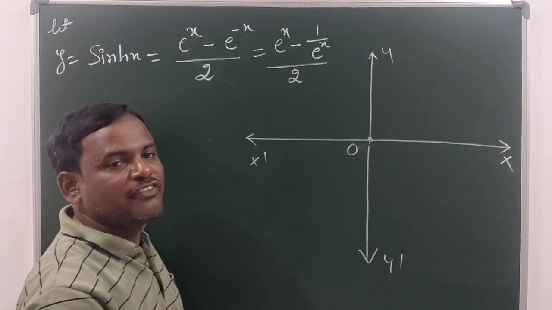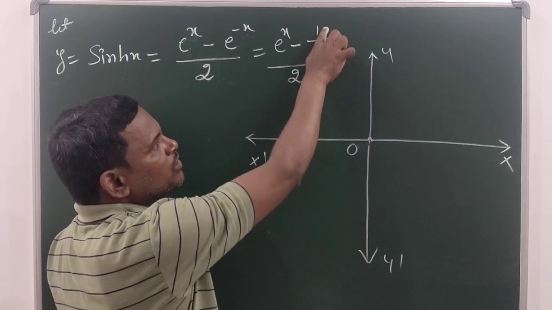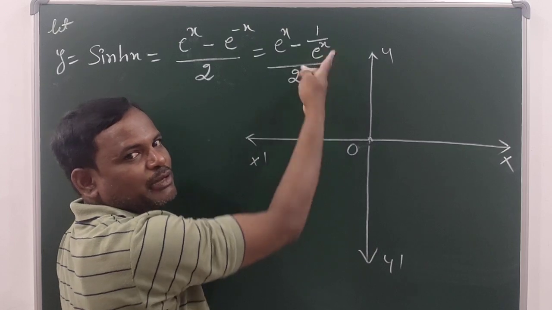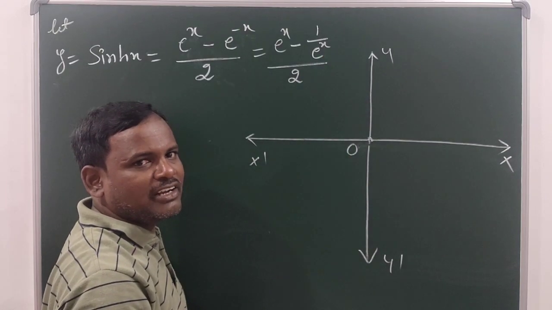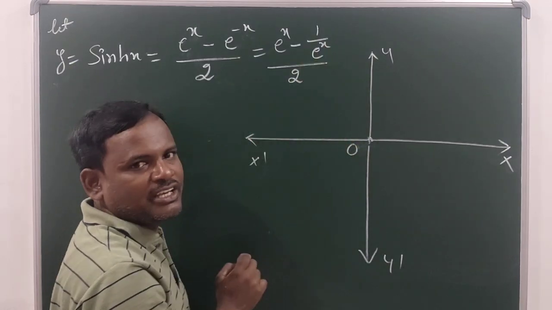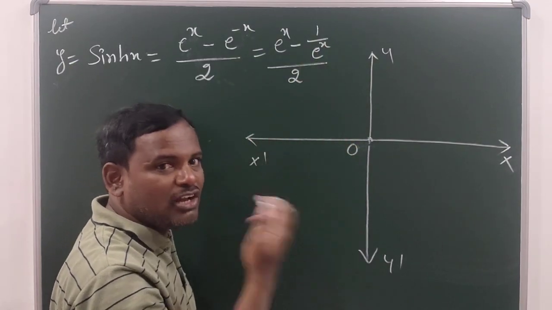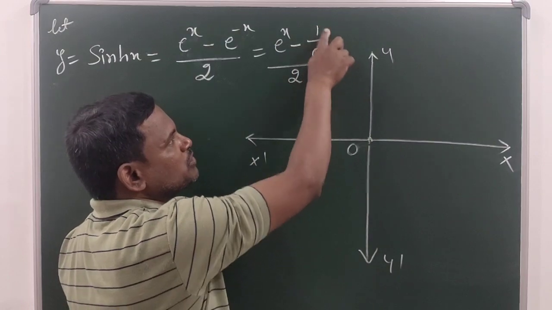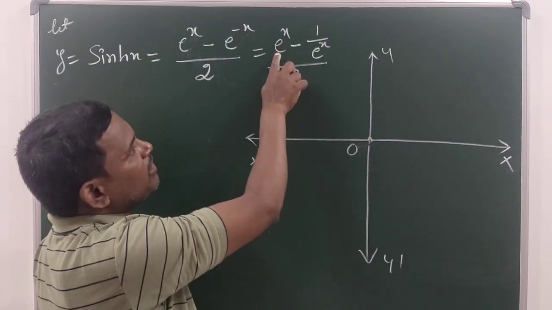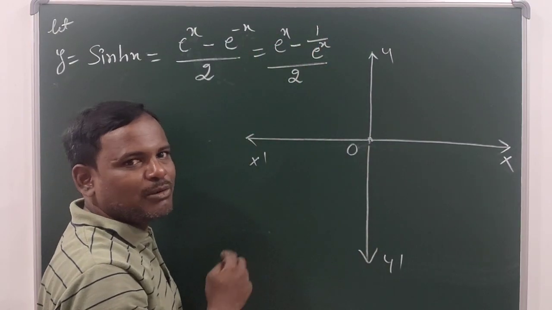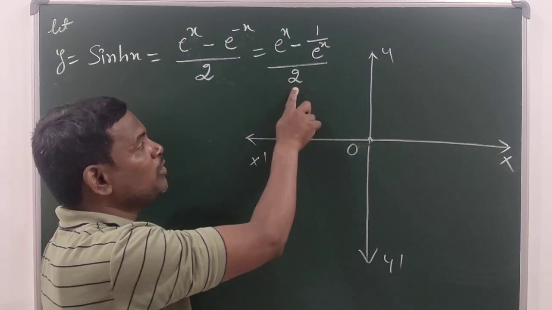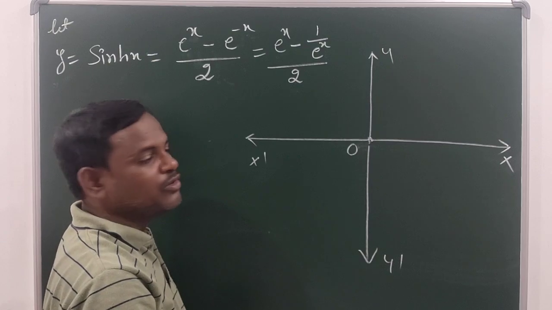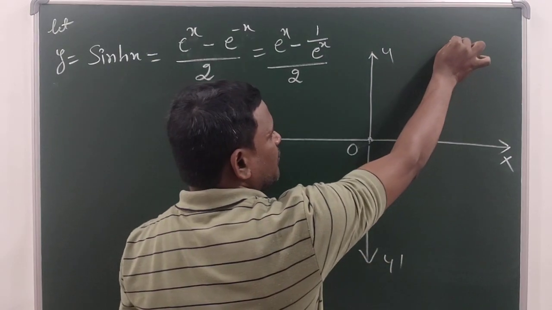Positive infinity. If x is a very big value, 1 by e power x, where e is an irrational number with approximate value 2.718, to the power infinity, so 1 by a very big value, becomes 0. And what is left? e power infinity, a very big value, by 2 is also a very big value. Means here you will get this kind of curve.